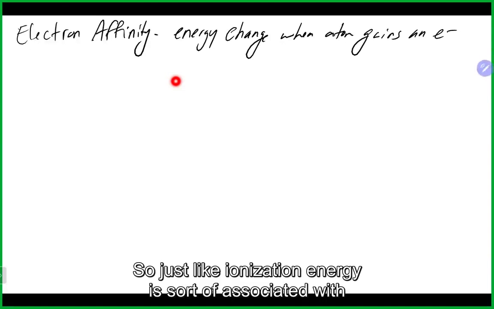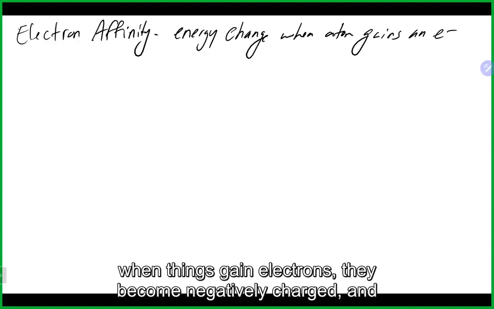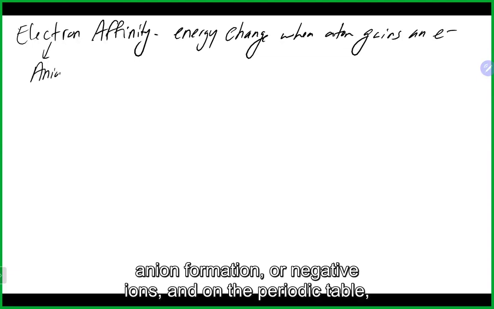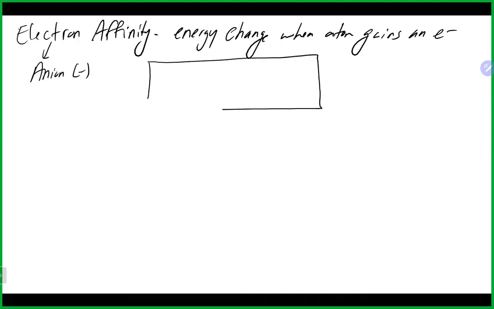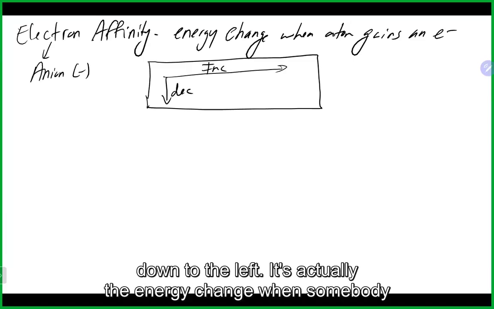So just like ionization energy is associated with cations being formed, when things gain electrons, they become negatively charged and they're anions. And we associate electron affinity with anion formation, or negative ions. And on the periodic table, it increases as you go up to the right. It decreases as you go down to the left.